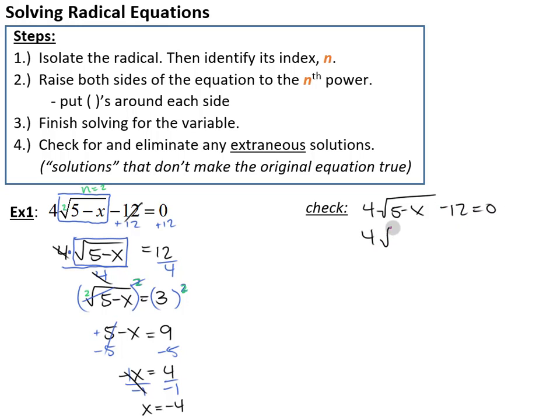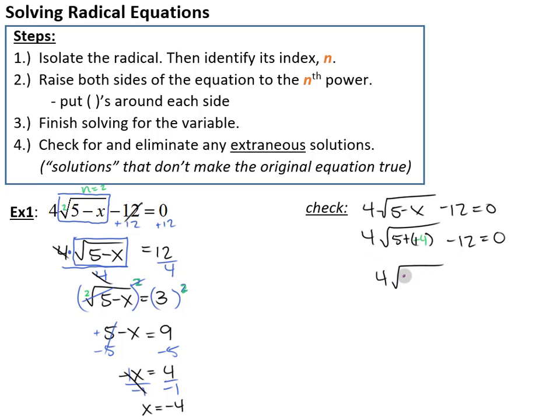We're going to substitute in negative 4 for x, the solution we got, and see, does the left side also equal 0?